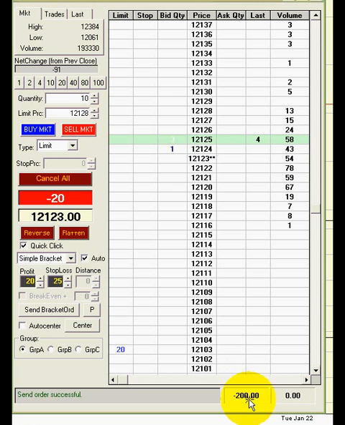You can see here our profit or loss on the trade, and then over here will be our cumulative profit or loss for the day. So let's just see what happens here. Okay, there's a nice little drop. Now what we're going to do, just like we did before, we're going to probably get out sometimes with this flatten button.